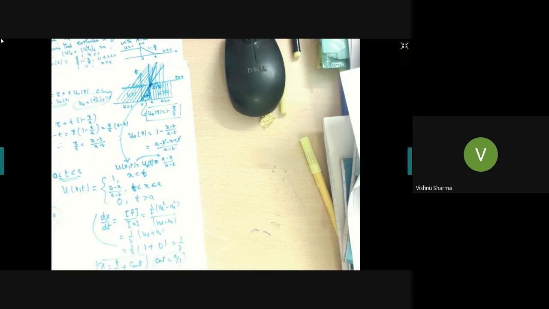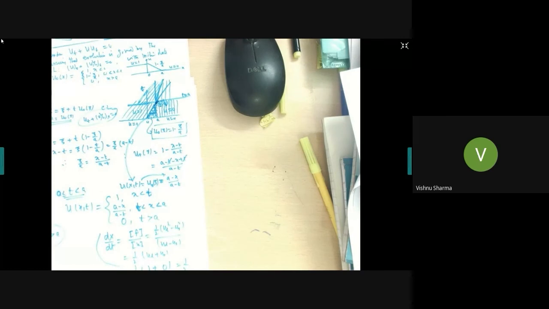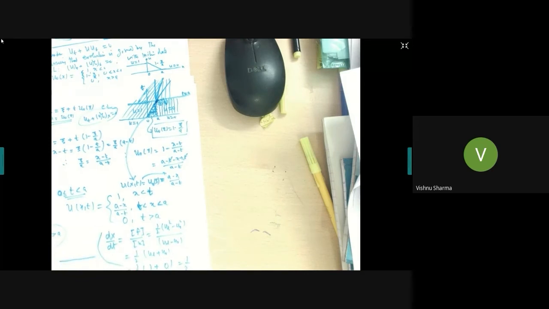And therefore the equation is x is equal to a plus t by 2. I think there is no need of drawing this line, unnecessarily it will create a confusion. I will write this line, x is equal to a plus t by 2.